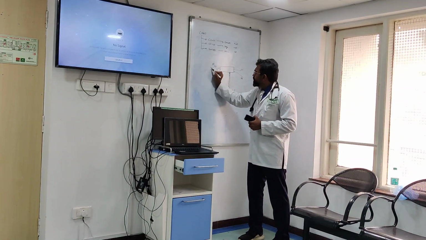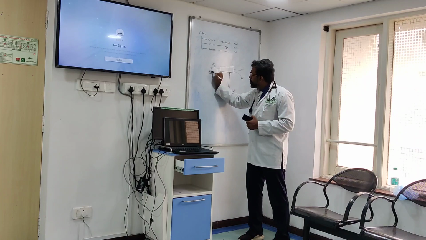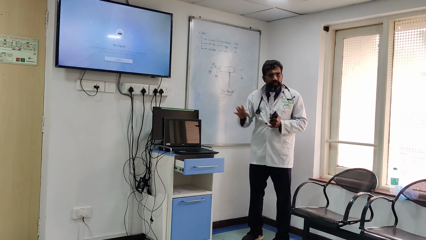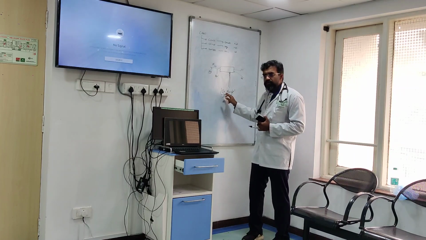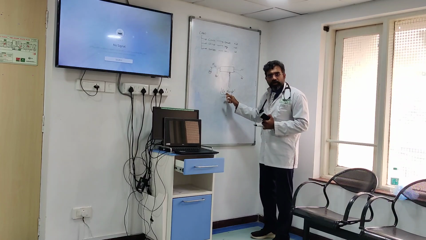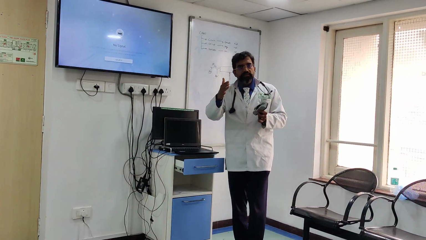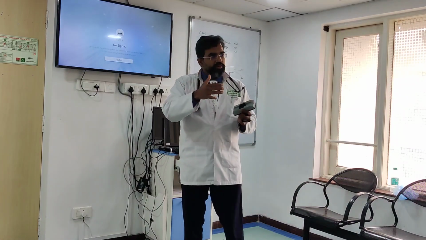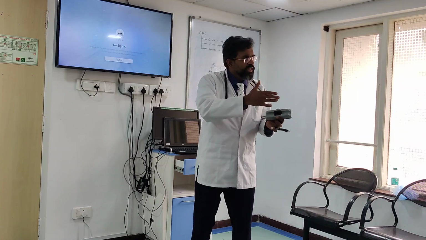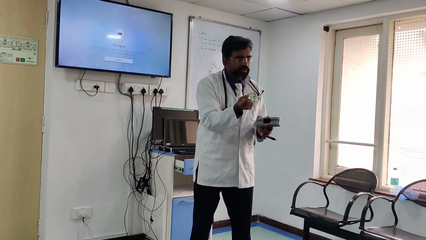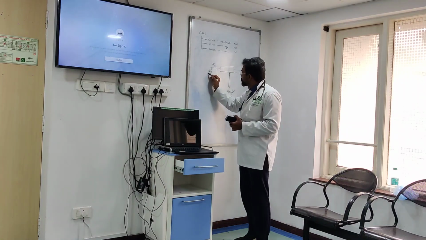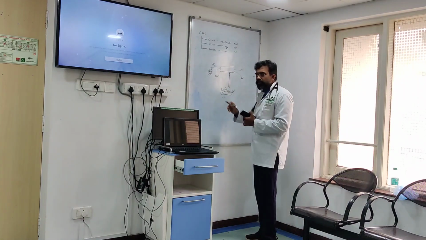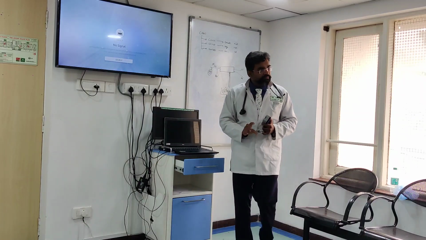The BUN that is coming from here, the urea that is there on this side will be equal to the urea here, because it is going to approximate. Are you understanding? Because it's a fast diffusible molecule, a small molecule, my urea here and my urea here will actually be the same.